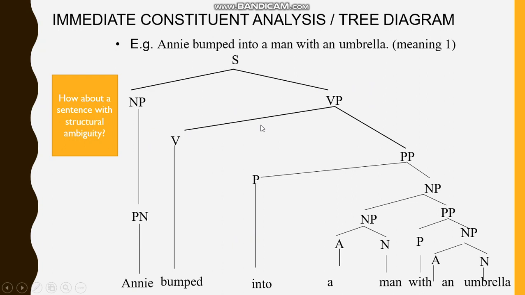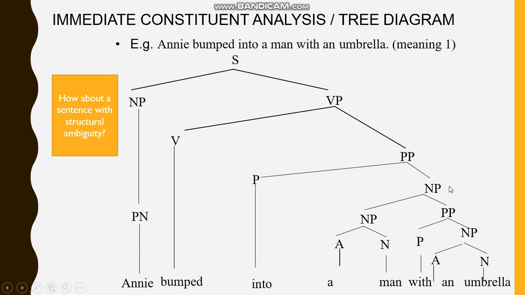Here, Annie bumped into a man, so we make verb phrase and prepositional phrase. The prepositional phrase has a preposition and a noun phrase.